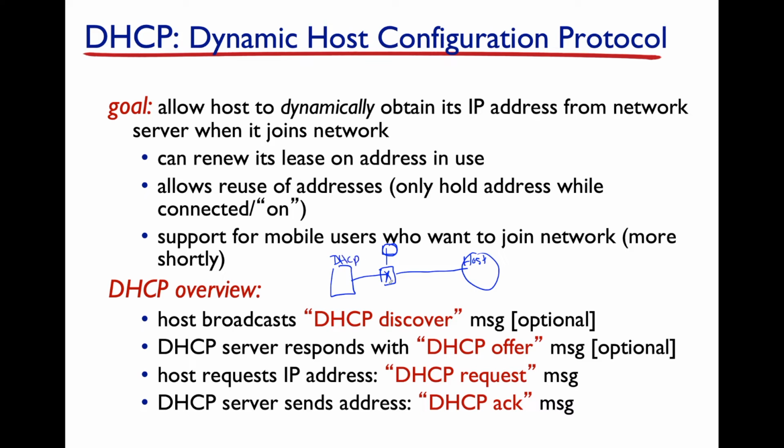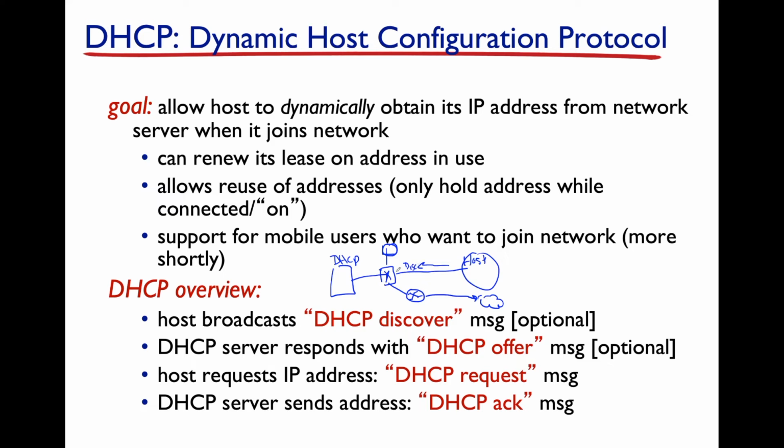And then for good measure, it's also connected to a router, right? That router can forward packets off the network to the internet. That's supposed to be a cloud. All right, so you send a broadcast, and when you send that broadcast, that's the discover message.